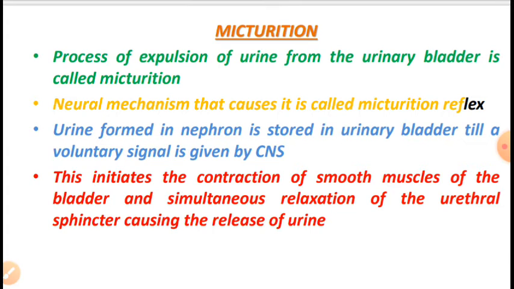So by analyzing urine, some disorders we can come to know about. By this pathological test of human urine, we can come to know about abnormalities related to our kidney function.